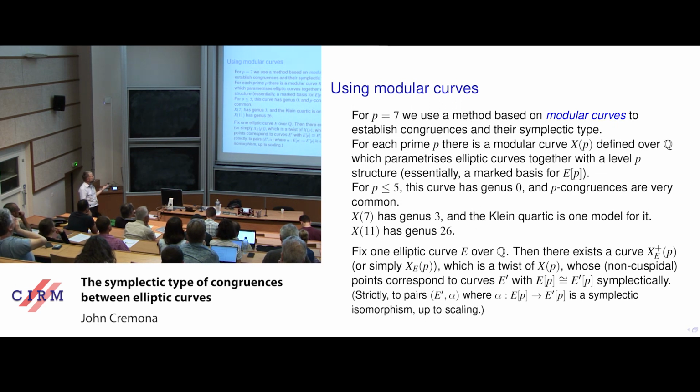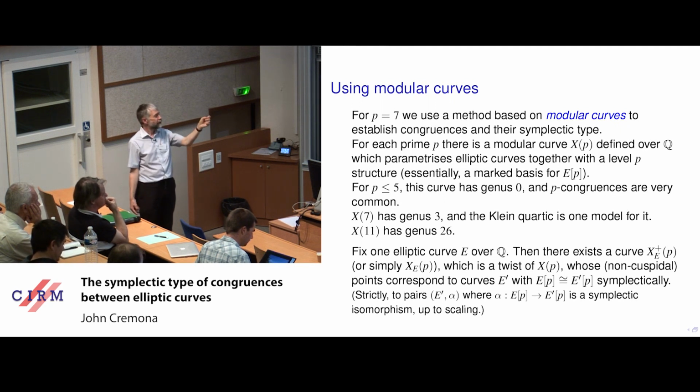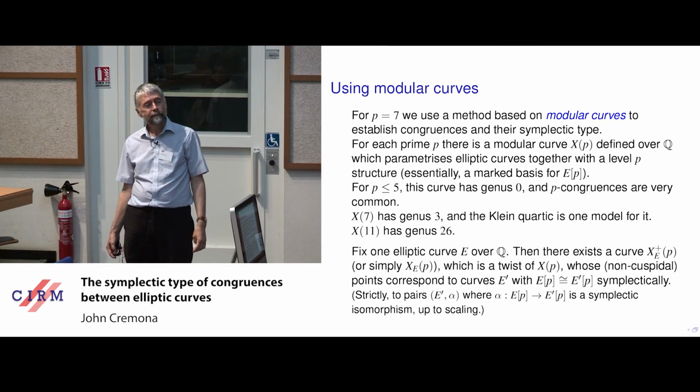So it's again a curve of the same genus, and the non-cuspidal points on that, each point corresponds to a p-congruent curve. So strictly speaking, the different rational points on X_E^+(p) correspond to actual pairs of another curve and a symplectic isomorphism up to scaling.